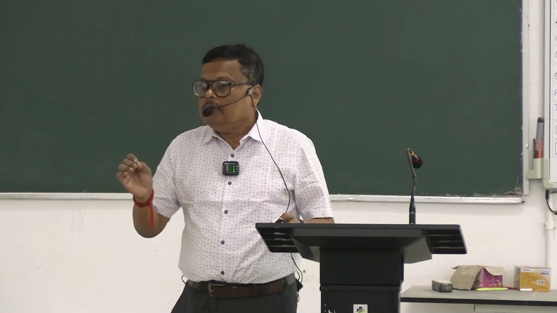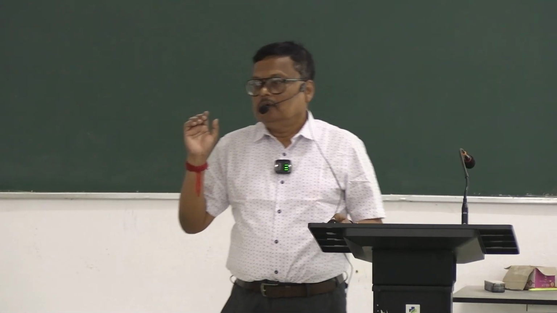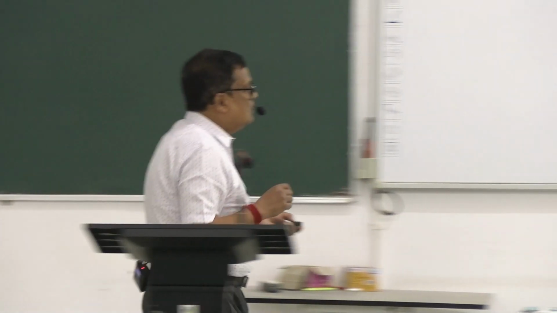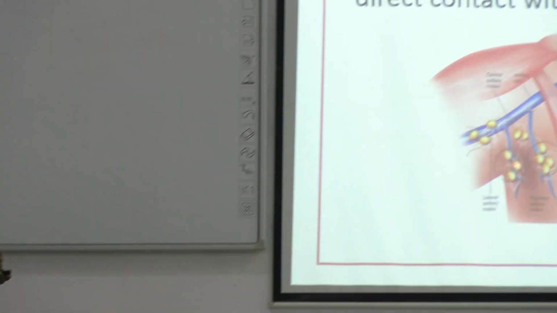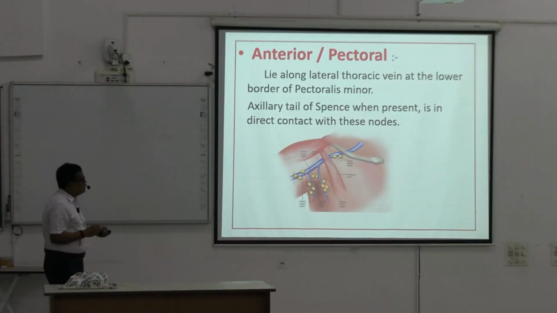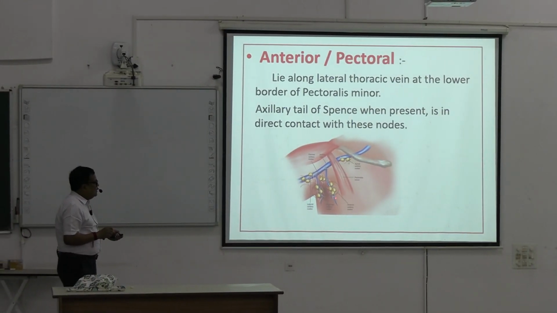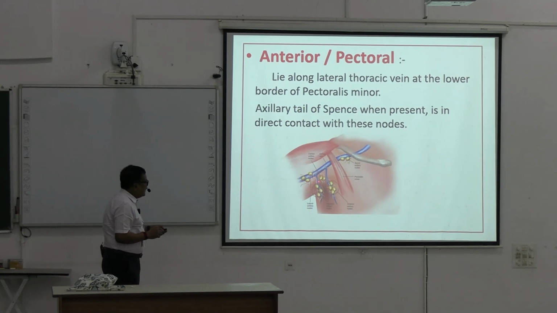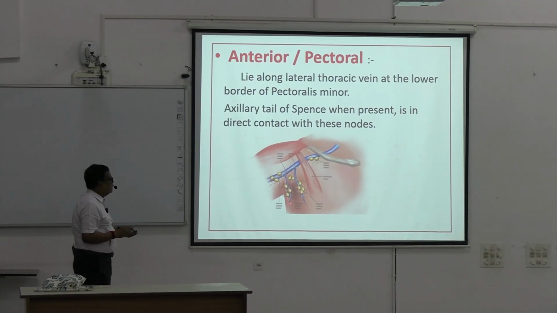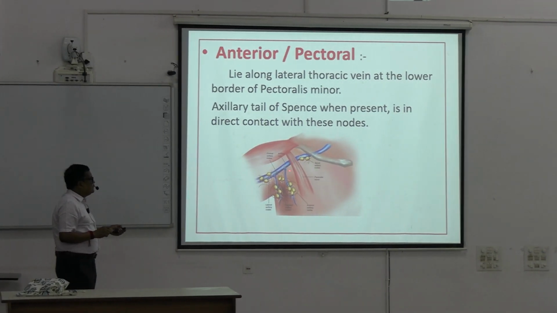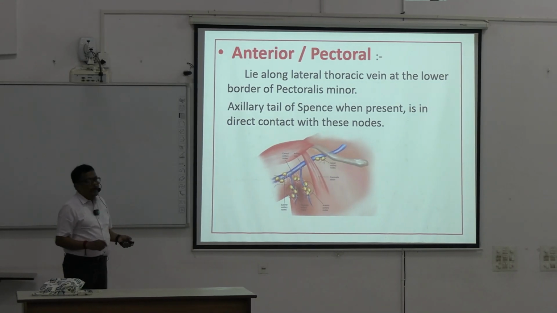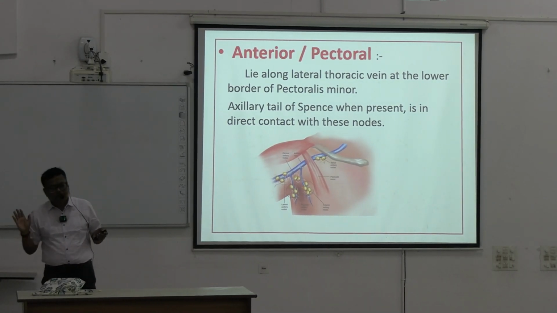You call them tributaries. So there are two important tributaries of the axillary vein in the anterior wall of the axilla: the lateral thoracic vein and the subscapular vein. So the lateral thoracic vein is present in the anterior wall of the axilla.